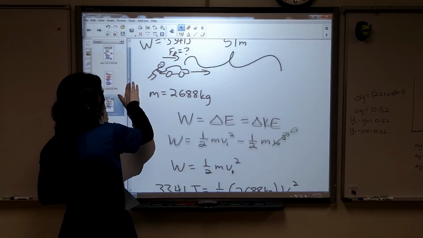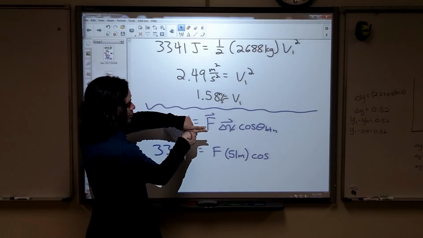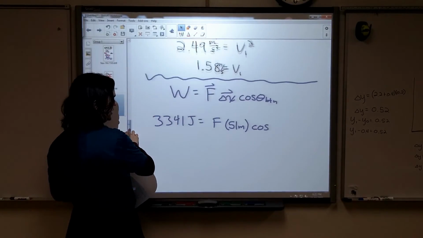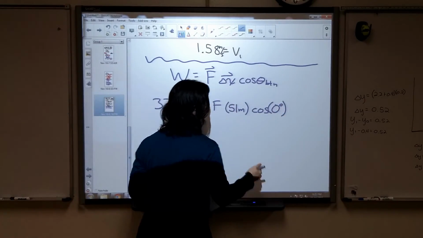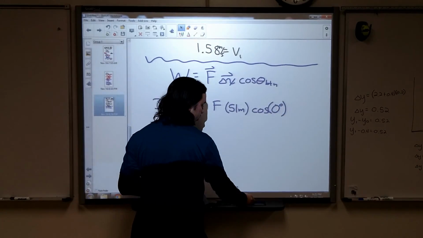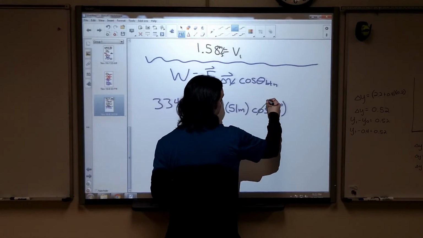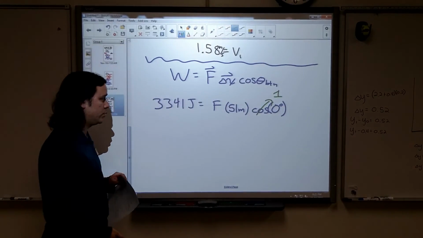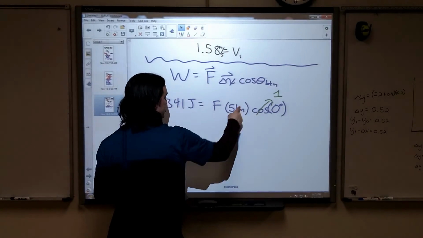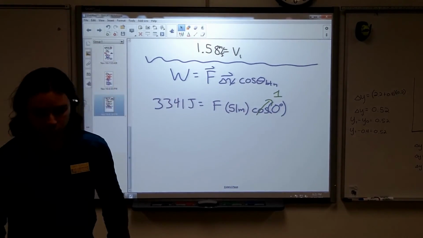Both vectors point the same way, so when they both point the same way, the angle between them is actually going to be 0. So cosine of 0 degrees. Well, cosine of 0 degrees, plug it into your calculator to double check, but it's actually 1. Sine of 0 is the one that goes to 0. So that's just 1.